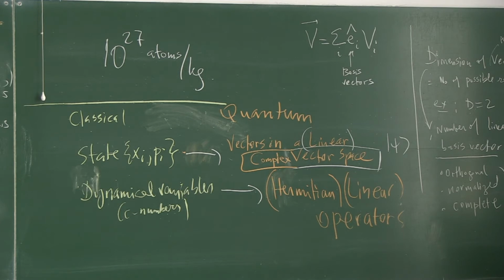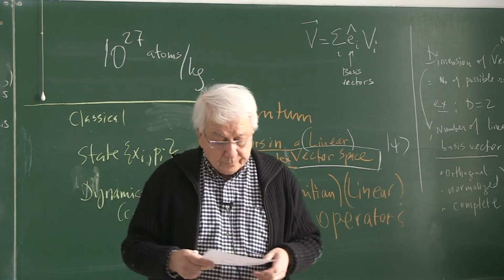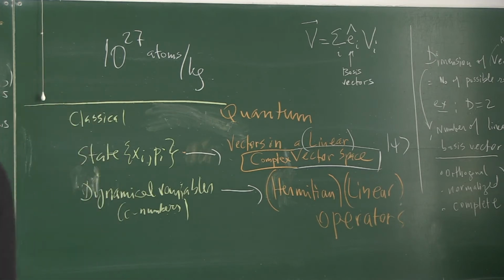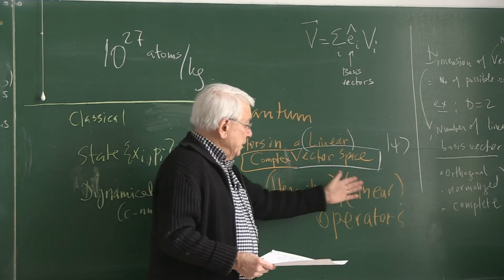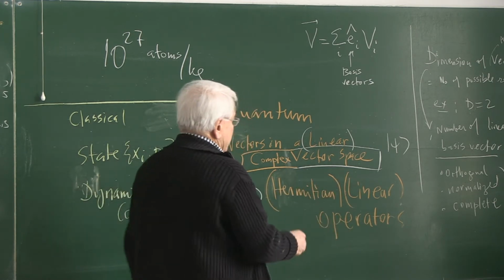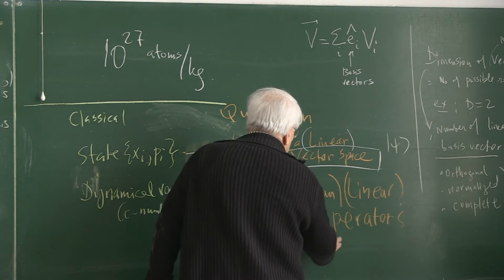So let me start discussing the properties of this new space, which is a complex vector space associated with the quantum states. Notice that this is so different from the classical definition of state in terms of the dynamical variables. Now we said the dynamical variables are represented by Hermitian linear operators. Well, these go by the name of observables.